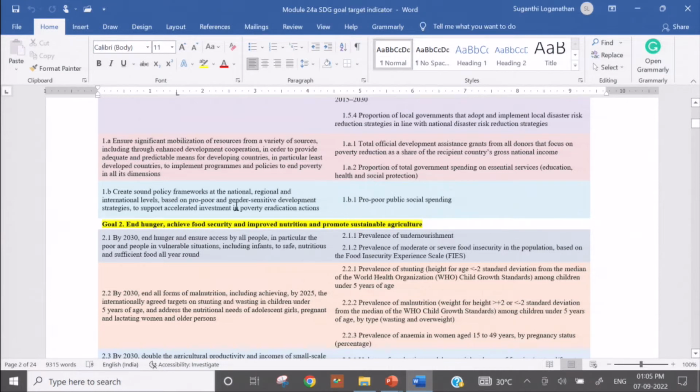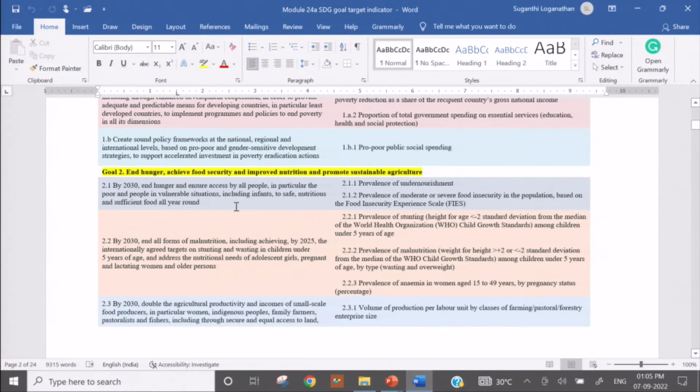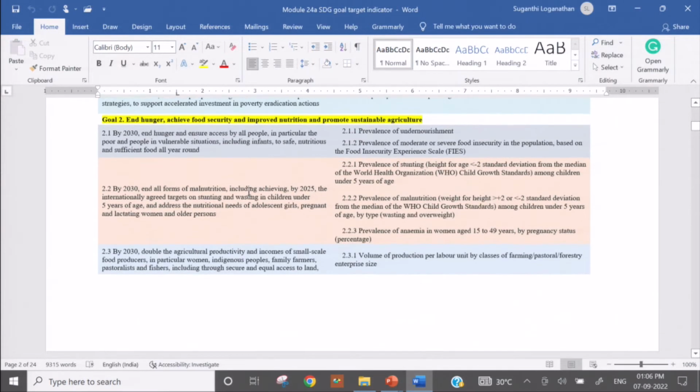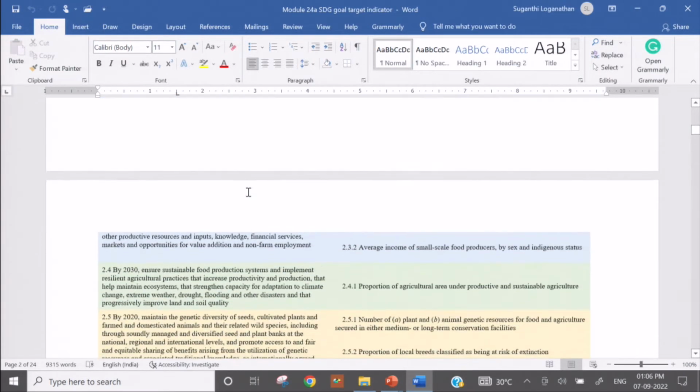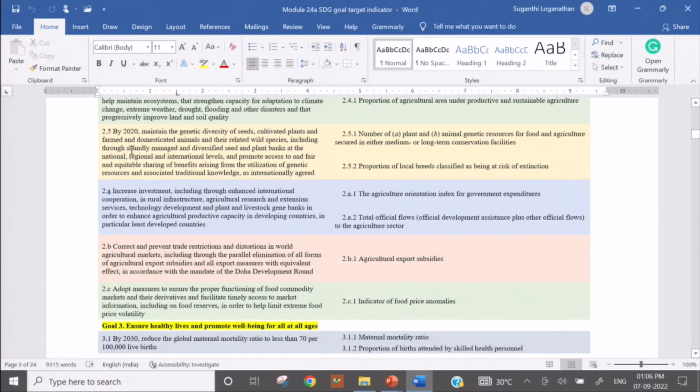If we go to goal 2, which is end hunger, achieve food security and improve nutrition and promote sustainable agriculture, we find there are 5 targets, given as 2.1, 2.2, 2.3, 2.4, 2.5.